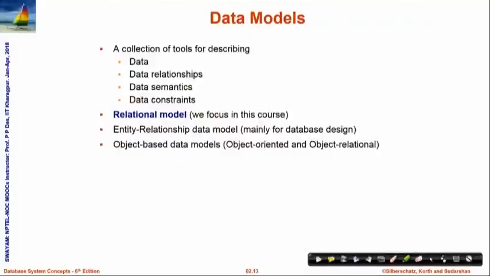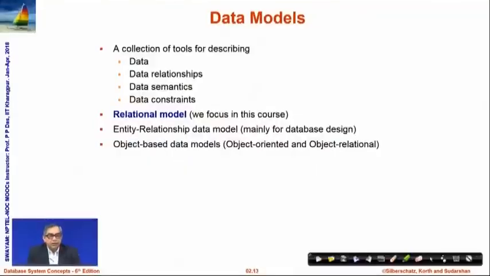Next is object based data models. You would all be familiar with the fact that objects give a better power to represent the system; objects are not like simple strings or numbers or characters. They are an encapsulated concept of an entity which can be manipulated in a certain way.